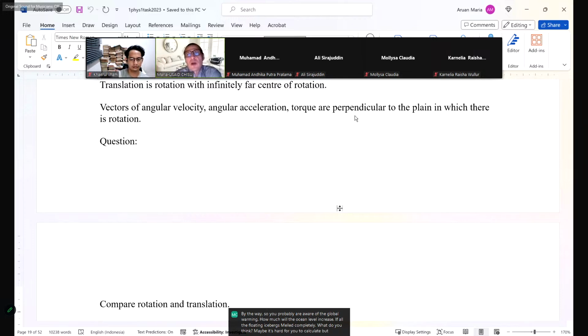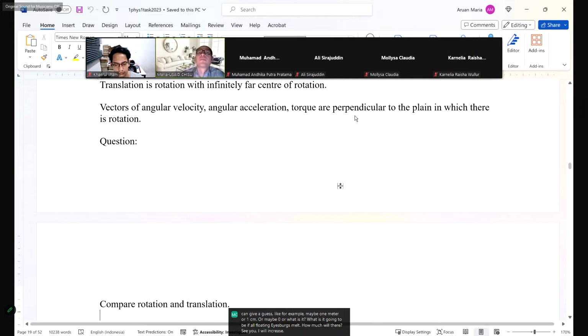Like, for example, maybe 1 meter or 1 centimeter, or maybe 0, or what is it? What is it going to be if all floating icebergs melt? How much will the sea level increase? What do you think?